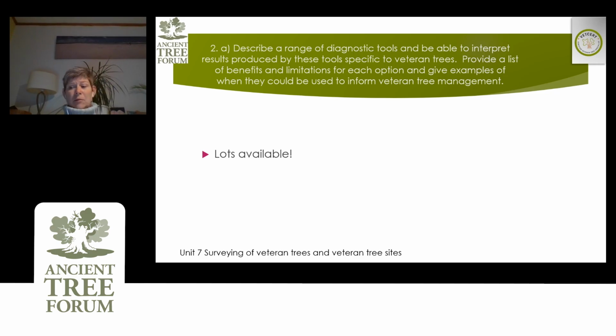Tomography, one kind of picture, one cross section may not at all give you the full picture of a complex stem structure where there's hollowing and decay. So it's just understanding the pros and cons of these different tools. And again, there's help on the VetCert website to give you some indication of what we're talking about if that's something you're not familiar with.